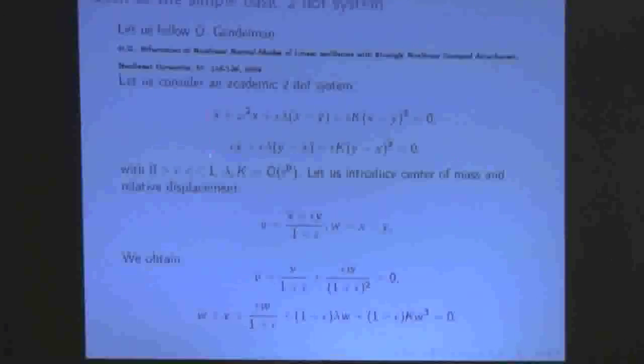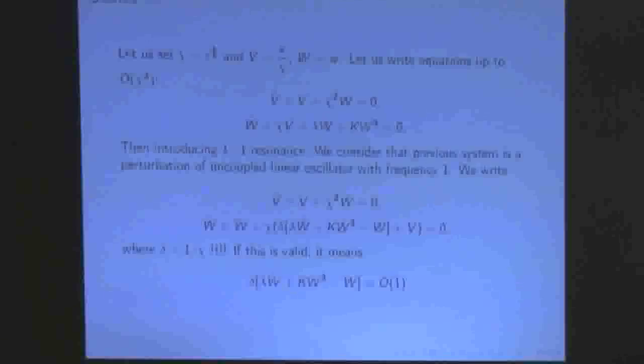So I can make a change of variables to get this system, and from this system I can rescale, following Oleg's work, by introducing a small parameter chi that is 1/3 of epsilon.